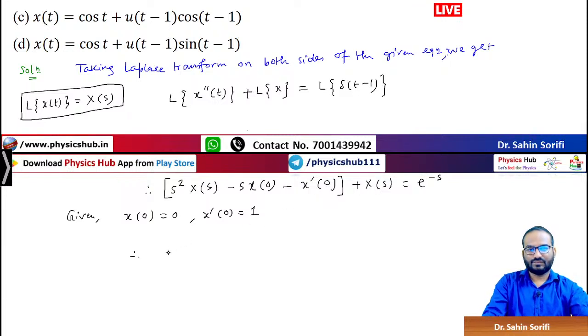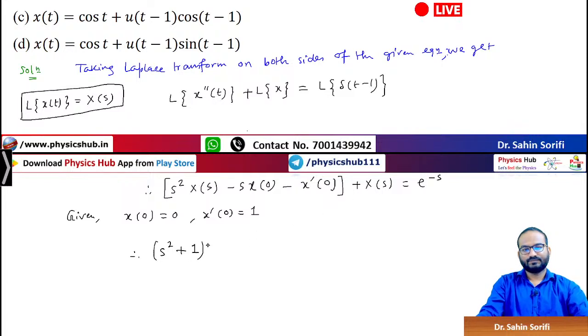So what do you get? s square plus 1 times X of s, and this minus x prime of 0 becomes plus 1 on the right hand side, plus e to the power minus s, this one.